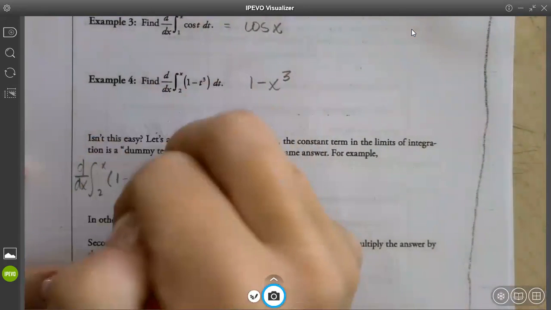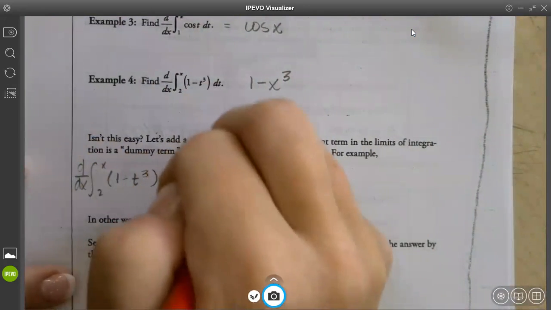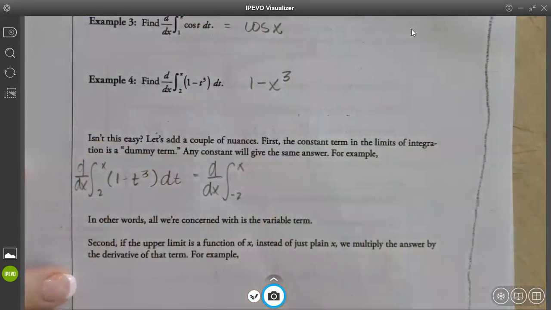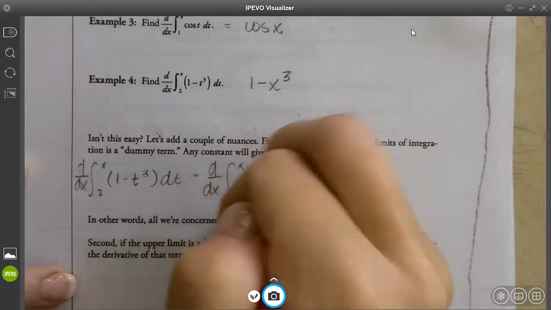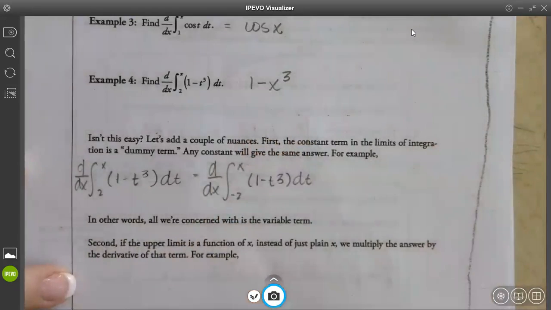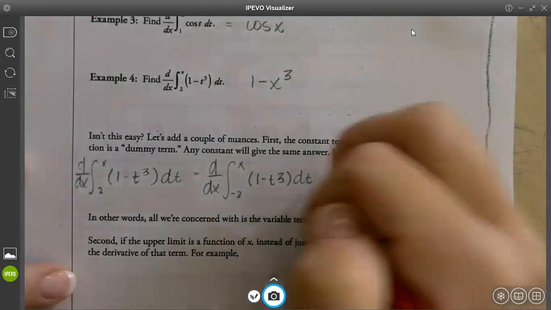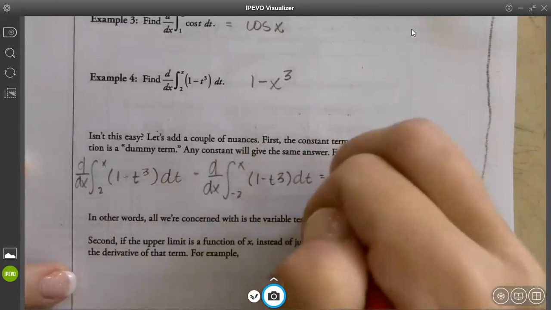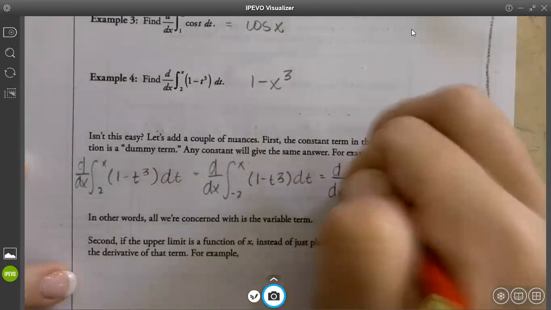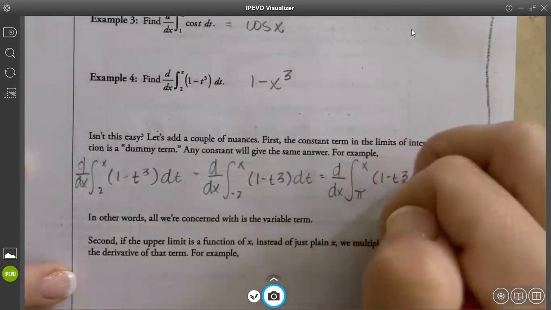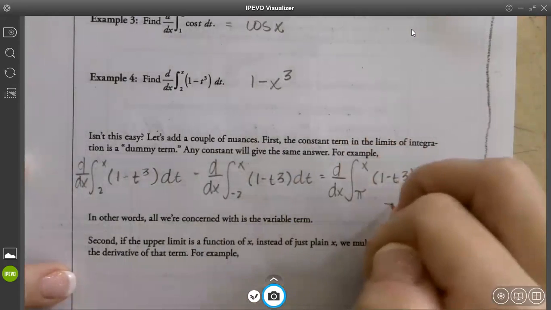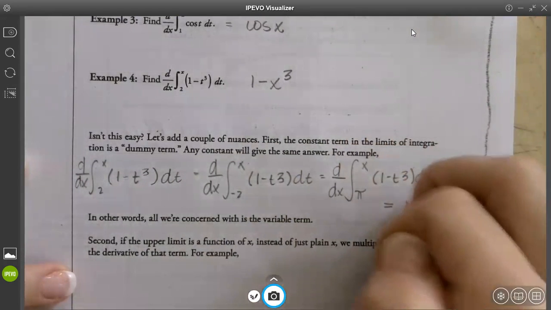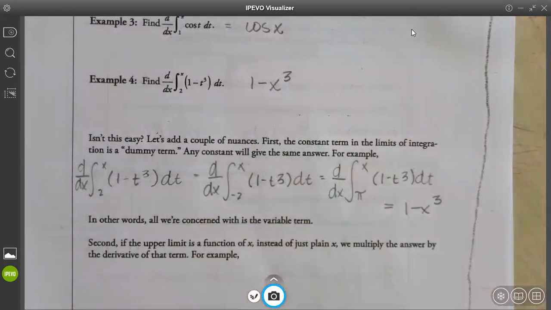If we change that constant to -2, or even pi, with x on top, 1 minus t cubed dt, all of these are going to equal 1 minus x cubed. Doesn't matter what the constant is. That's all it's saying. So whatever that constant number is, if there's a variable on top, you're just plugging that variable in.